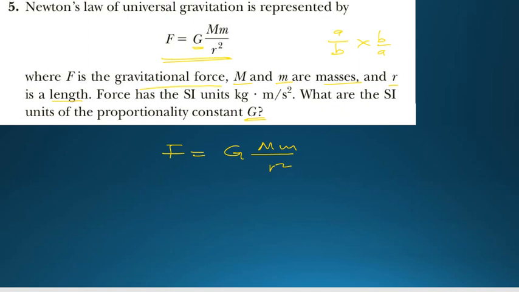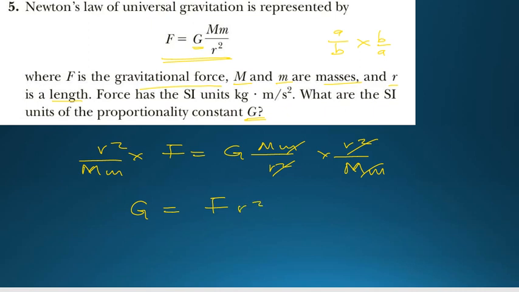So we multiply both sides by r squared over M times m. Our main focus is to get rid of this, because you know these will cancel. So G remains F times r squared over mass times mass.